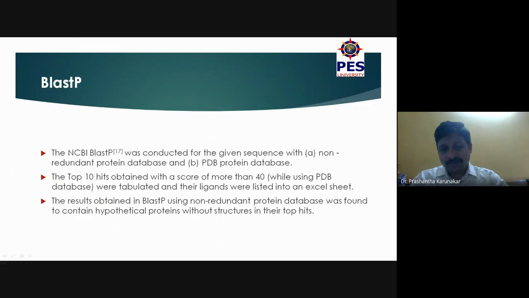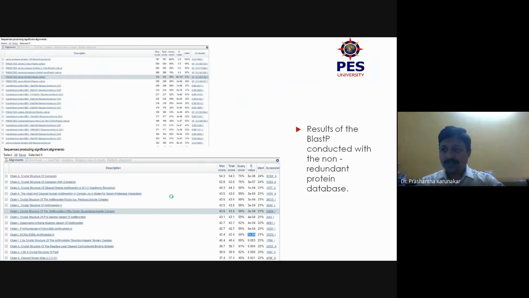Then we performed BLASTP for both the proteins, SWP26 and SPN106, to know if there is any other related protein. Whatever we did previously was majorly structure prediction. Now we want to see which motif and which domain is there in the protein. Using BLASTP, we got to know that the protein belongs to the serpin family, the serine protease inhibitor family, and these are some of the related proteins.